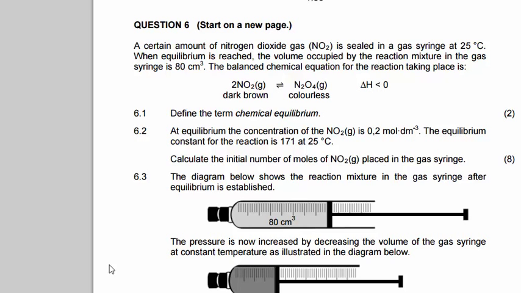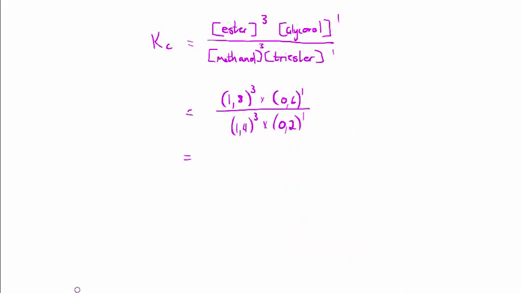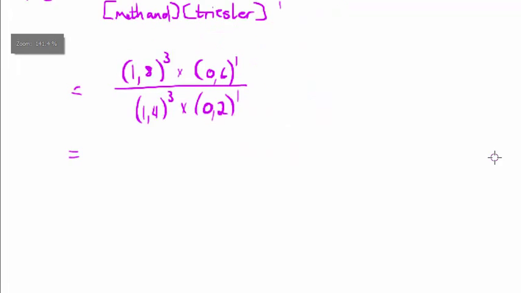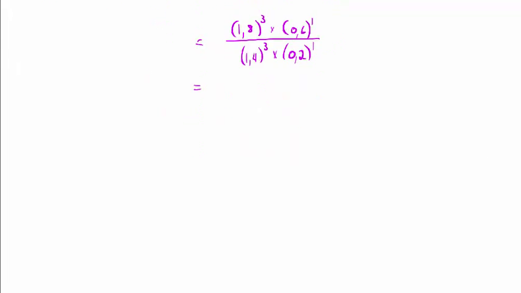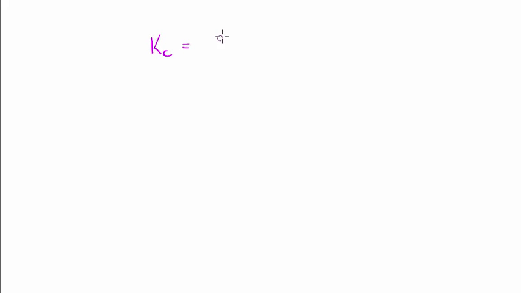Okay, so at equilibrium, our Kc value is given as N2O4 divided by NO2. So our Kc value is 171.